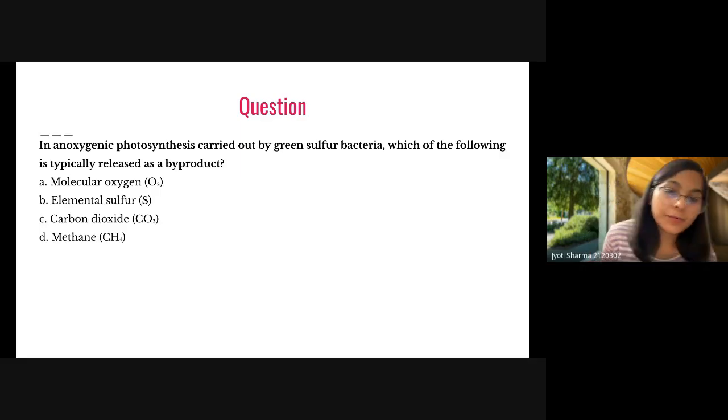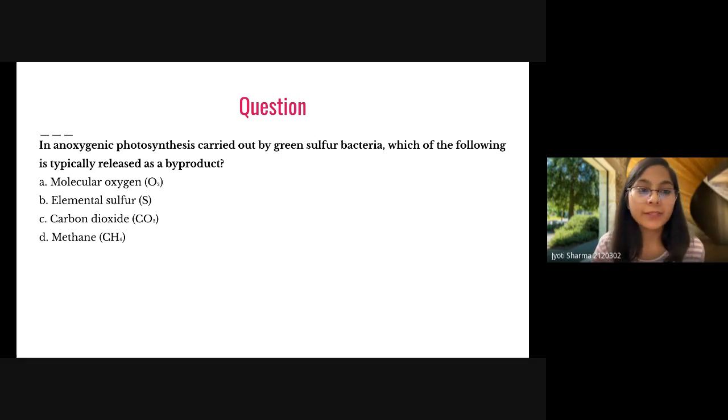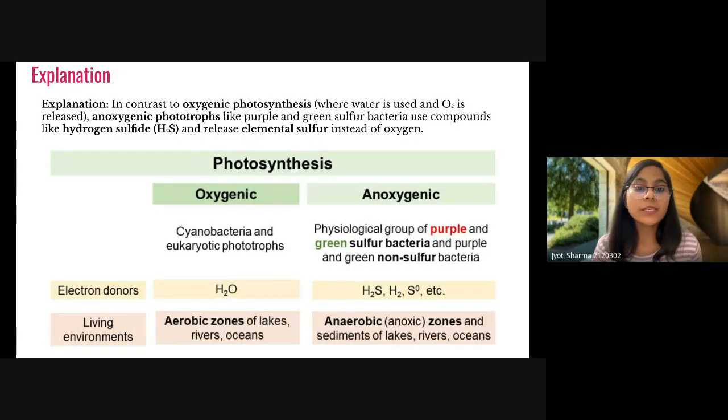So yes, if it is a green sulfur bacteria, then the byproduct will be elemental sulfur. So just see here what this means. In photosynthesis, we have two types: oxygenic and anoxygenic. In the oxygenic, we have cyanobacteria and eukaryotic phototrophs. But in anoxygenic, we have purple and green sulfur bacteria and purple and green non-sulfur bacteria. And here just see the difference.